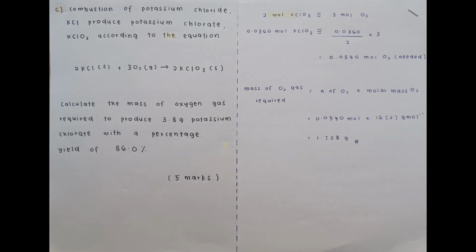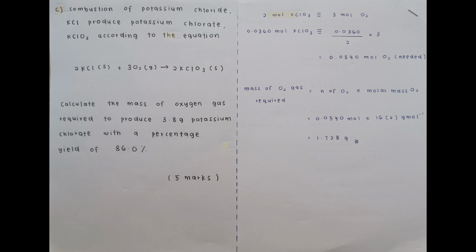Next, the number of moles of theoretical KClO3 equals the mass of KClO3 divided by the molar mass of KClO3. Then the answer is 0.0360 mole.